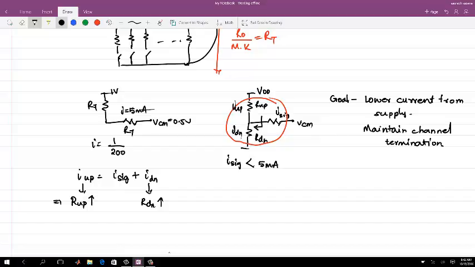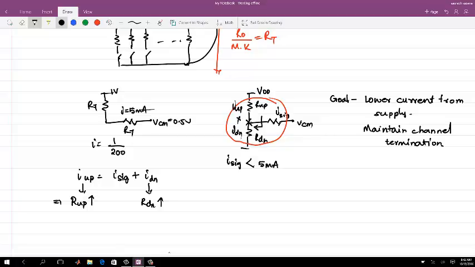If you look at this particular node, let's call it X, then at node X you need an extra resistor for the termination, and we should consume lesser current, not more current, right? Did you get the logic?